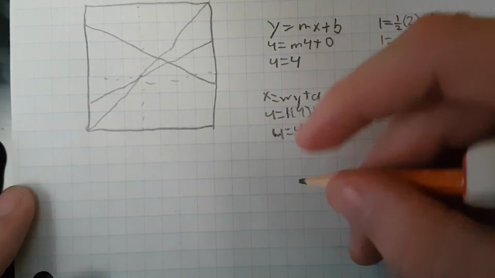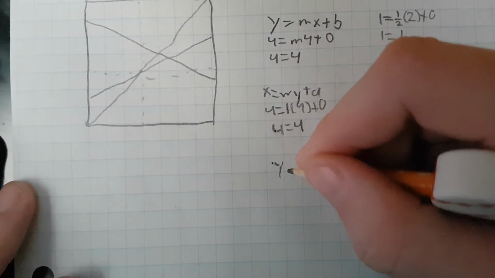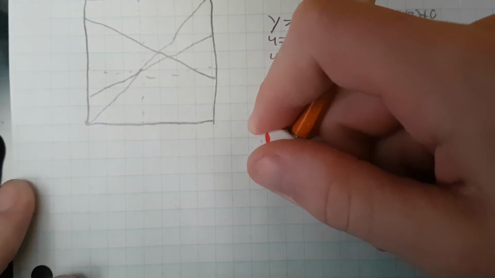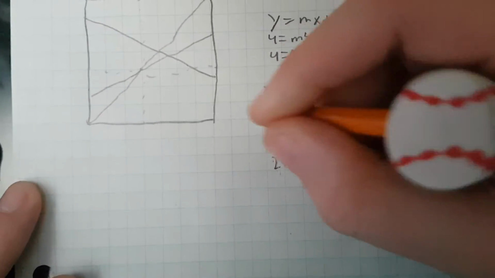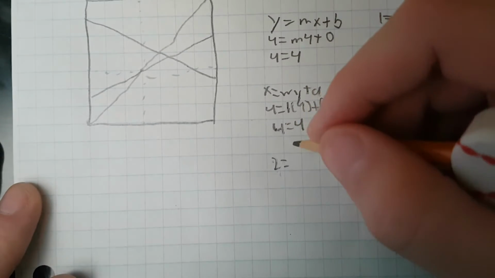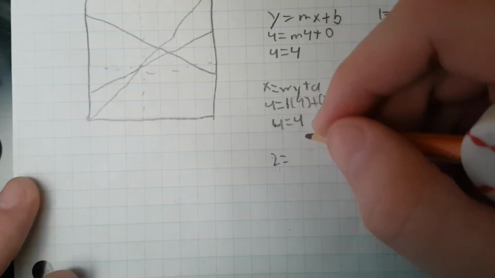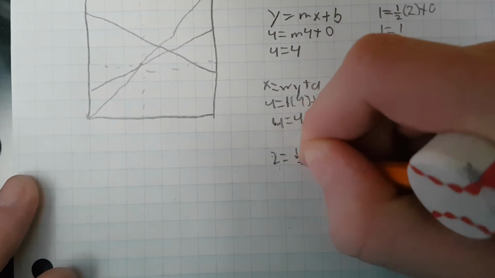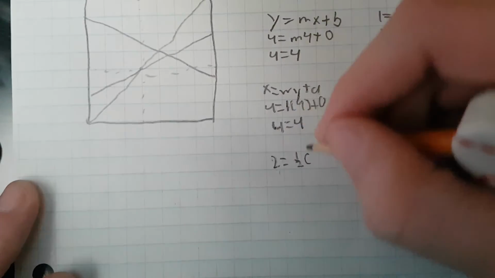I can't write here. Okay, so, excuse me. 2 equals, what's the slant? The slant is 1 over 2. 1 over 2, so 2 equals 1 over 2 times negative 1.